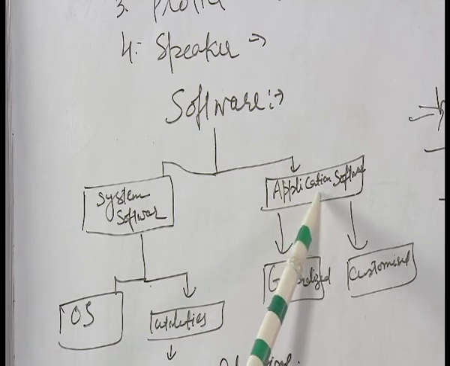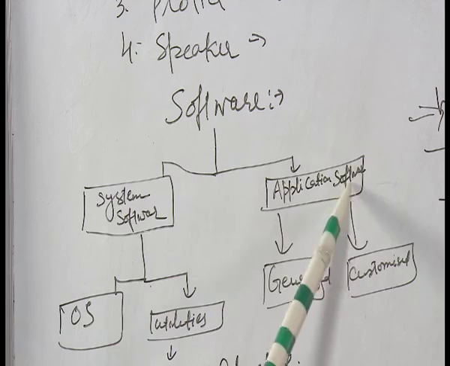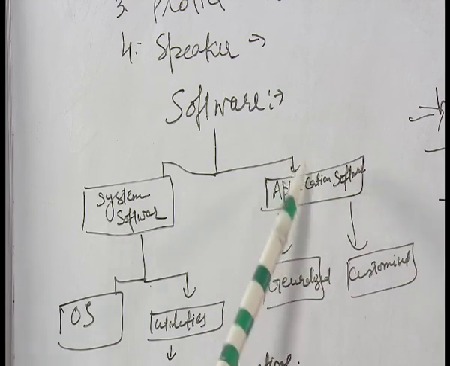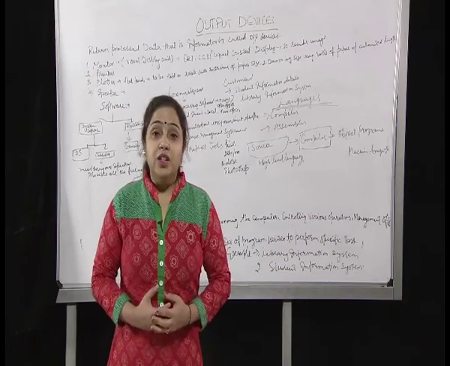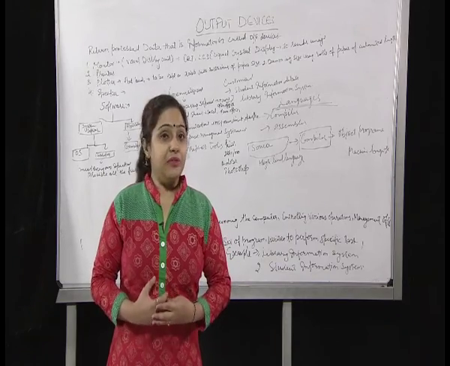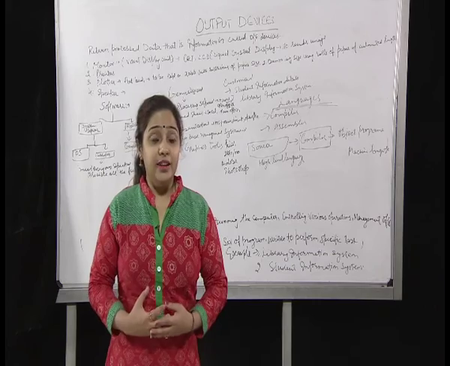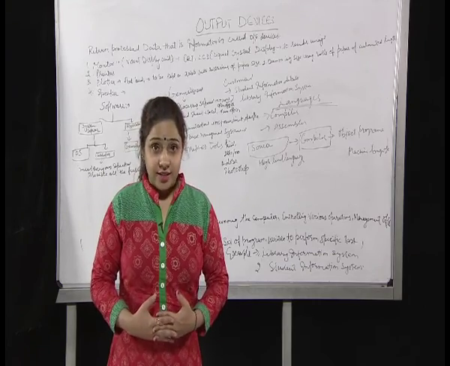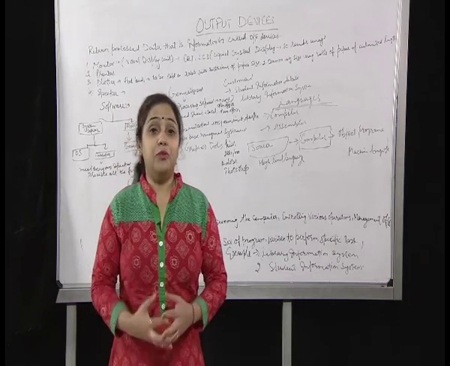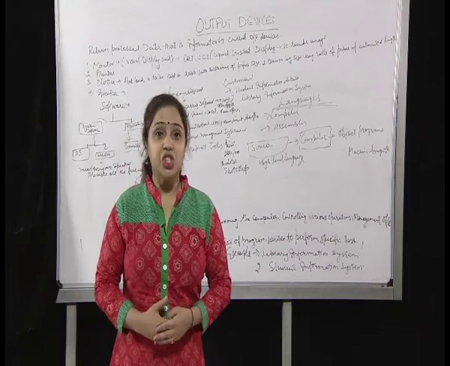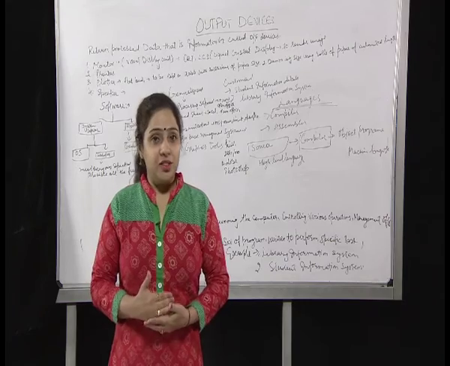Now I am going to discuss what application software is. Application software is software written to perform a specific task at high speed. For example, I have an application like a library information system.